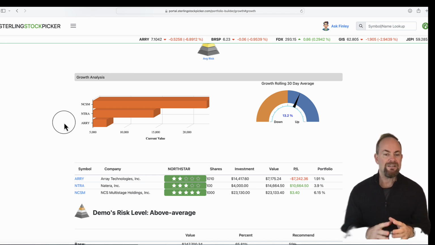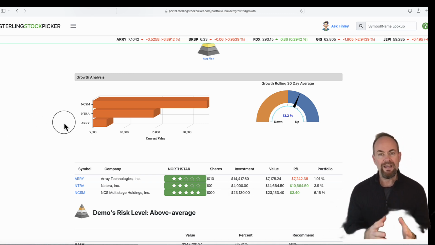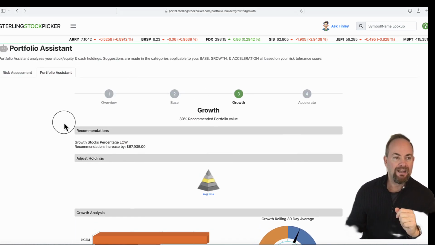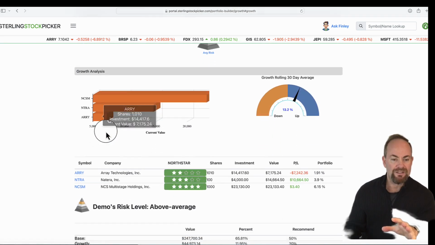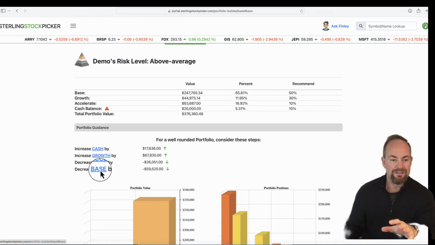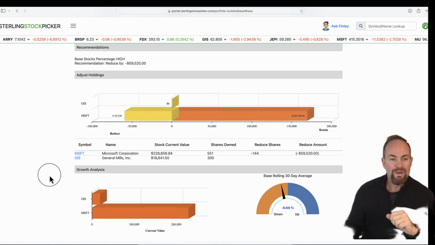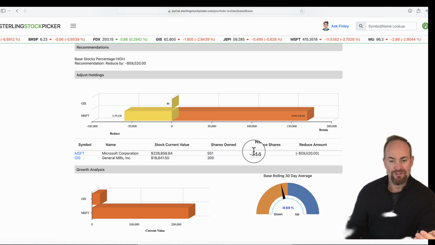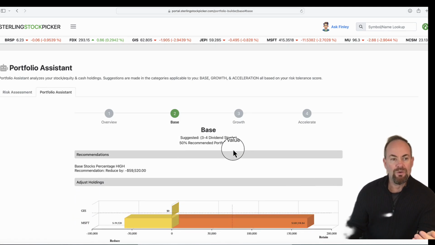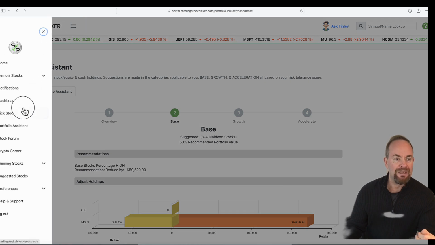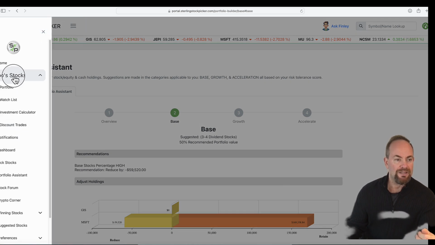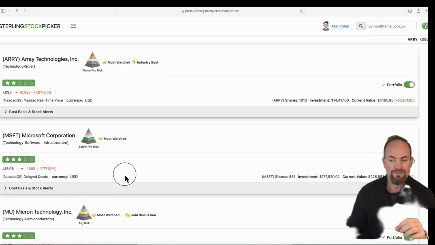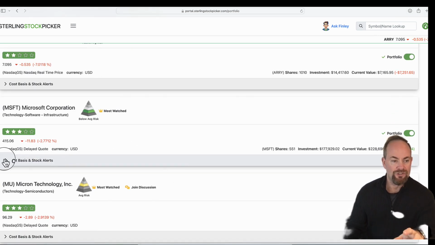So this is how you work with this incredible tool that we have. And I also want to point out, on the decrease in the base, we have to go into the portfolio and sell those Microsoft shares. So you go back to the main menu, your stocks, portfolio, and we're going to reduce Microsoft by 144 shares.